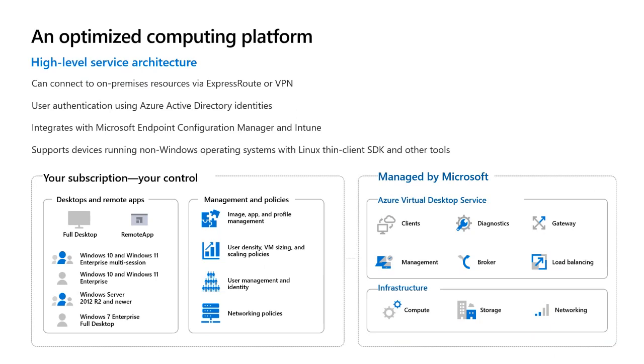What's managed by Microsoft is obviously the AVD service itself. So when your endpoints reach out and access that AVD service, that gateway, that client connection, that broker is a global service that's managed and maintained by Microsoft, as well as the infrastructure that supports the AVD workload, so the compute, storage, and networking.